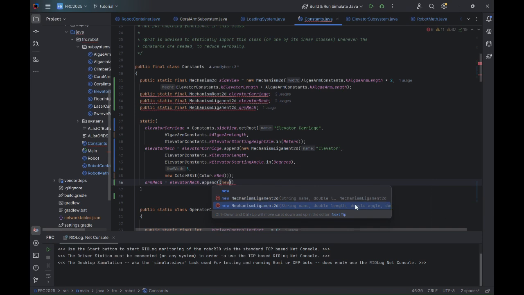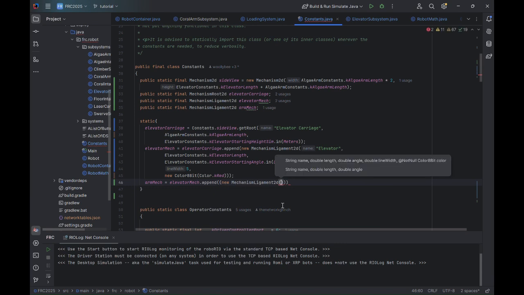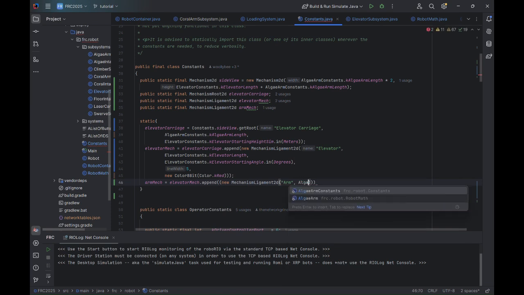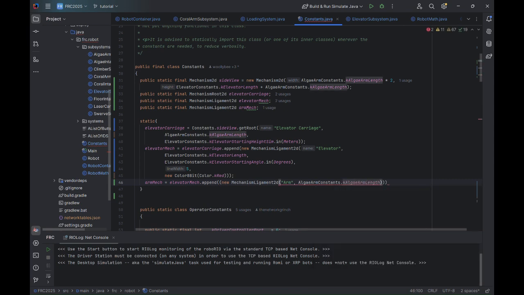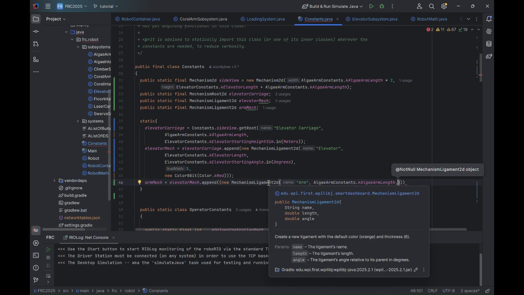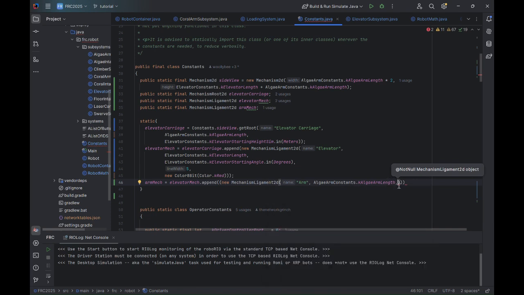Yeah, see, this one provides line width, straightening, arm length. LG arm constants, arm length. An angle?